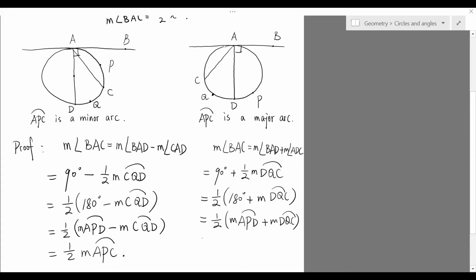Now at this point, it's clear that the sum of those two arcs turns out to be the whole arc APC. Hence, we again conclude that the measure of the angle BAC is equal to 1/2 of the measure of the arc APC. And the proof is complete.